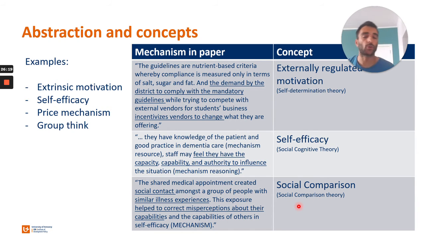So the idea here, or the call, is to use those concepts within your realist evaluations. When you're doing a realist evaluation, use those concepts that we know of instead of reinventing the wheel, because using those concepts will make it easier to build on each other and to connect with a wider theoretical literature.